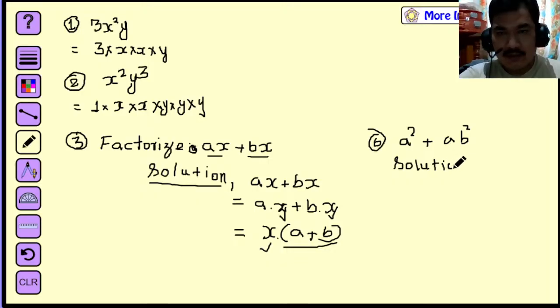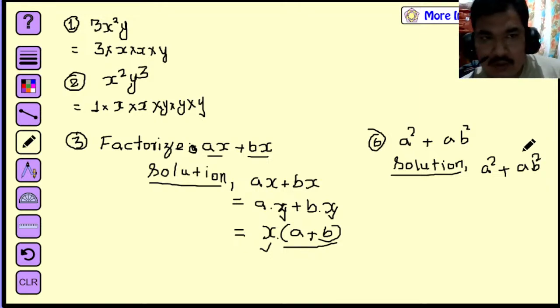Look here: a square plus ab square. First of all, look, how many terms are here? Here are two terms. The first term is a square, and the second term is ab square, right?